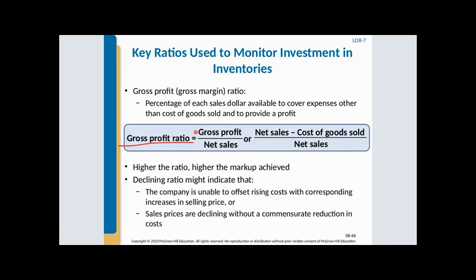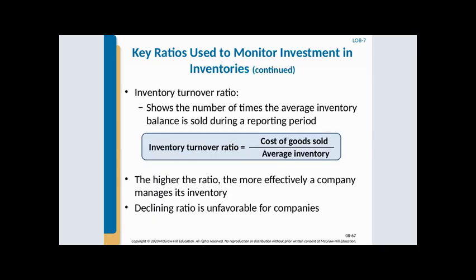So we want to have a wide gap between the sales price and the cost, because we have to use whatever is remaining to pay for everything else: selling expenses, advertising, and any overhead costs that we may have, etc. So we can take this gross profit ratio and see how they're managing the inventory cost.